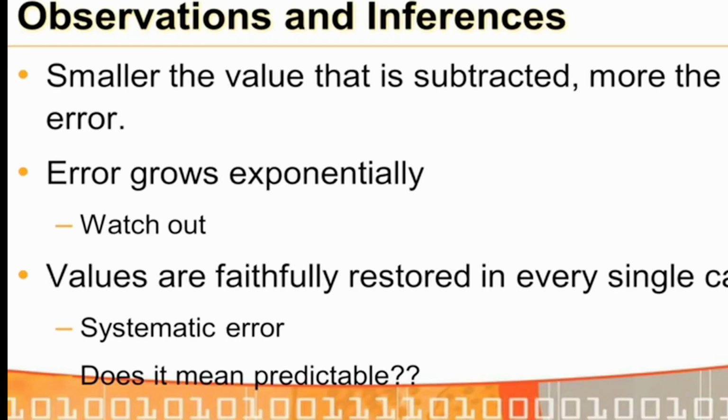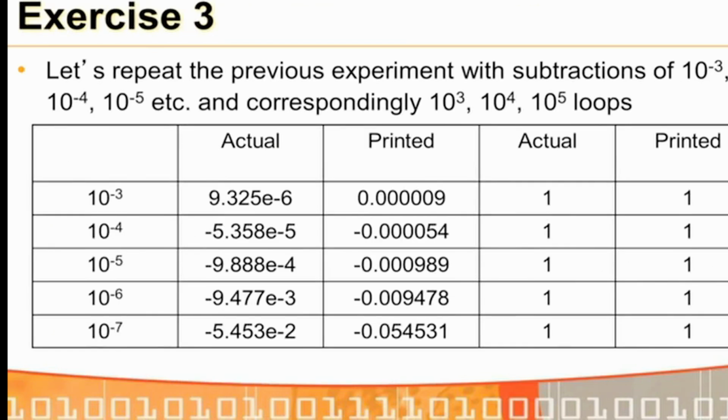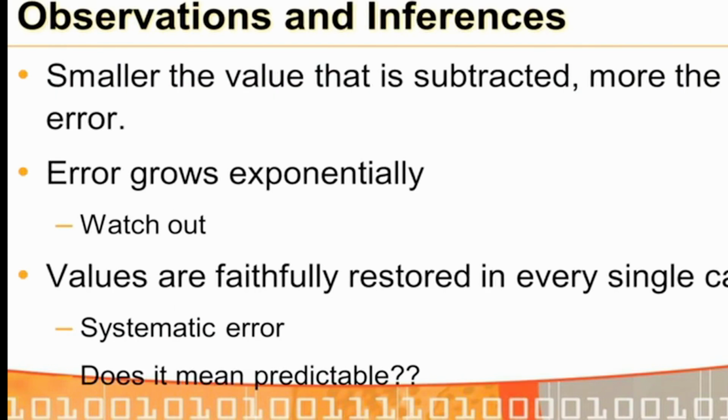And the values are faithfully restored in every single case, because that means what? When I subtract and then I add, it is faithfully represented. So that means the error is systematic. Something is going wrong in the subtraction, and exactly the opposite thing happens in the addition to compensate for it. So does it mean this error is predictable?